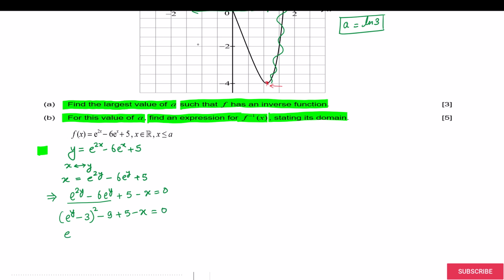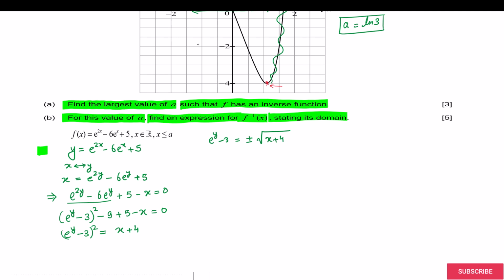From here we got (e^y minus 3) whole squared, because our task is to make y the subject. Minus 9 plus 5 is negative 4, and on the other side it becomes 4. So we got x plus 4 on the other side, and then we write e^y minus 3 as plus or minus the square root of x plus 4.